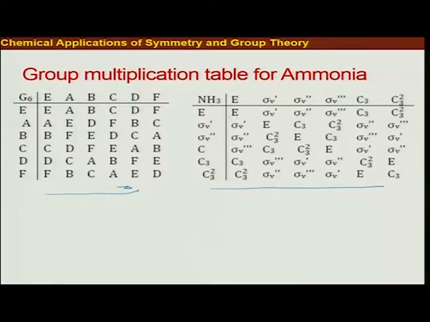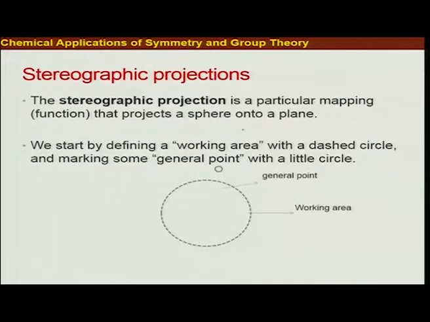Now this group multiplication table actually gives me the results of operating two symmetry operations one after another, right? So in other words, I can say that the group multiplication table gives me the products of two symmetry operations. We also learned another technique which was very useful for two reasons.